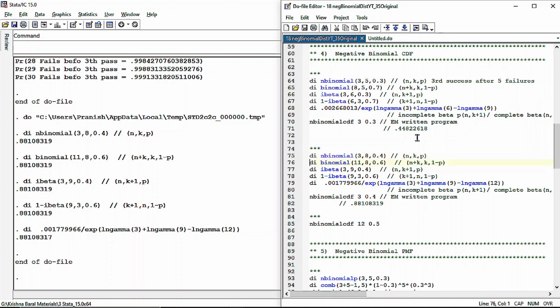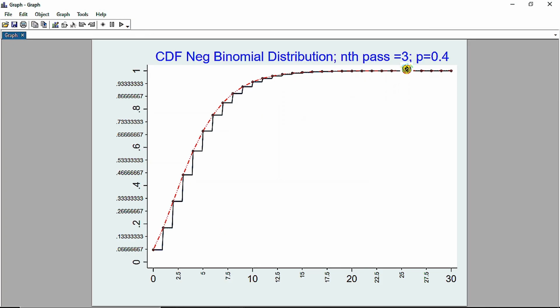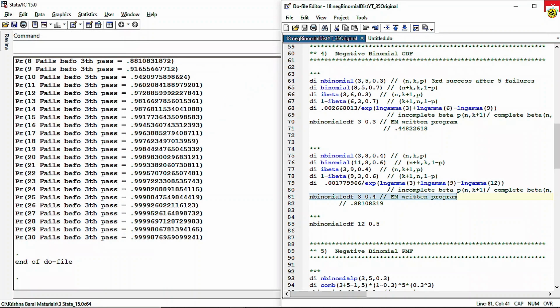Now let us see it with the help of a graph, the CDF graph, and this is again a user-written program. Let us see whether we get 88% or not. So for 8 failures, the probability of getting the third success exactly after 8 failures, 0, 1, 2, 3, 4, 5, 6, 7, 8, is somewhere over here. If we draw a straight line, then it is nearly 88%. That's fine.